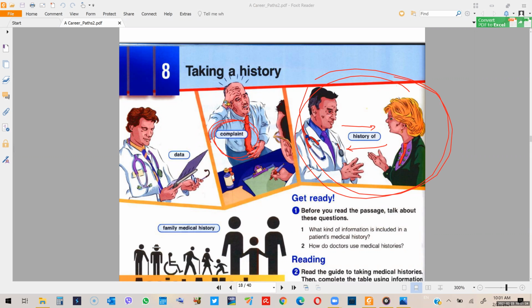So as you can see from the photos, at the end the doctor can finally have the data, and this data can make him decide about the condition of the patient.